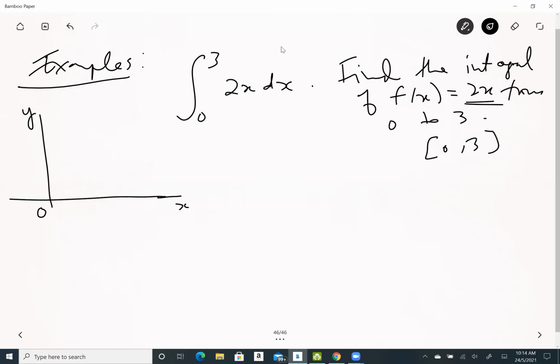How does it look like? Okay, Zaki, how does it look like? Y equal to 2x, the line.